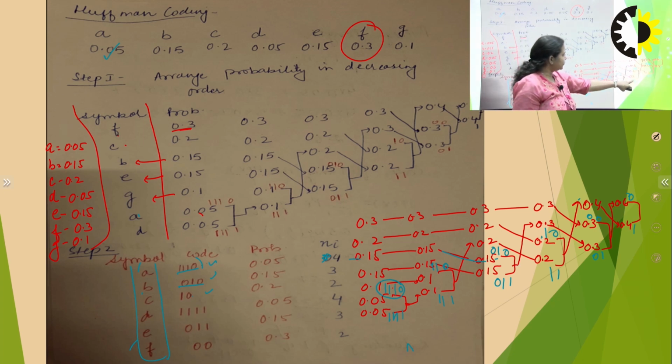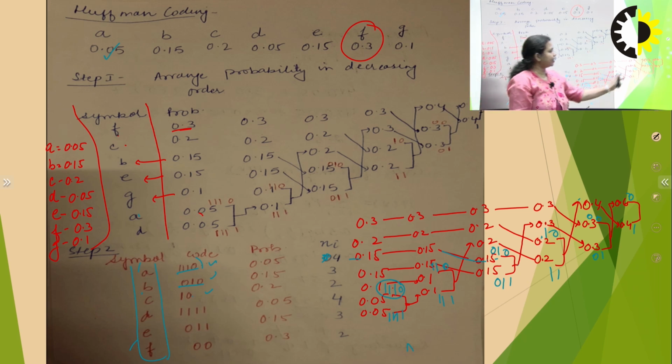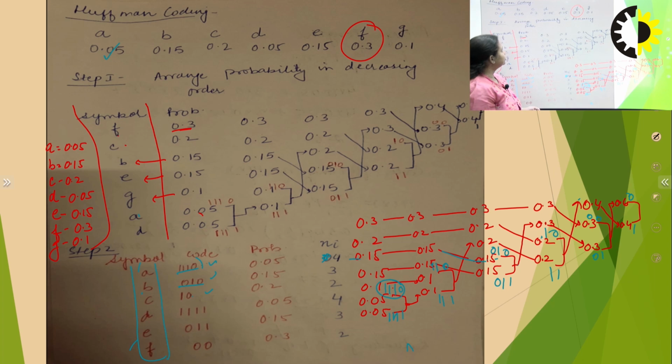Then for this 0.3, it is basically the sum of these two. So you put the code 01 to 01, and just do not forget to put the code at the start. At the back you are giving 0101, but at the start you will put that code which you are getting after your sum, right?